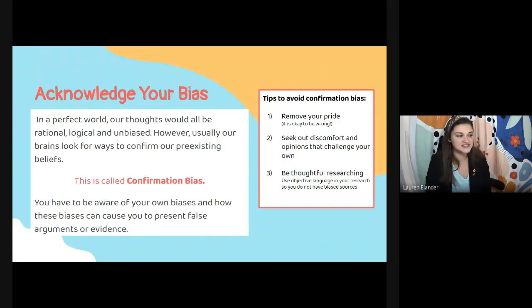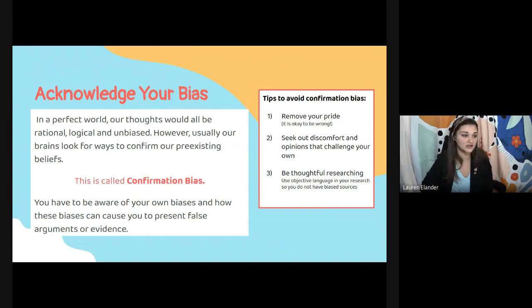Another tip for this is to acknowledge the bias you bring into a statement or into a piece of writing. In a perfect world, we wouldn't be biased. We would all think logically and rationally all the time. However, we're people. We don't think that way. We're not machines. So we want to make sure that we're not just looking for data that proves our own perspectives. That's called confirmation bias.